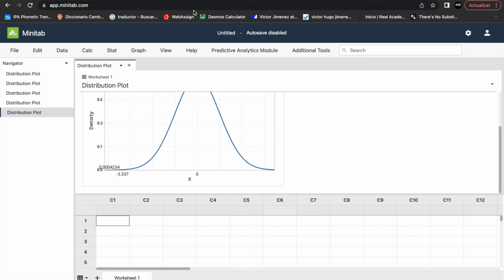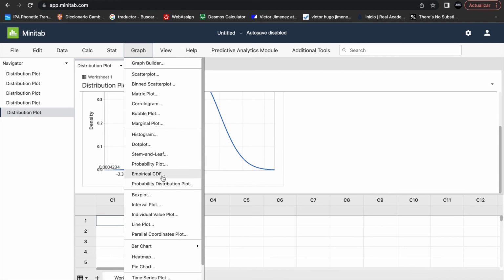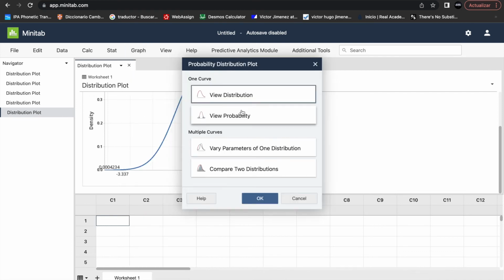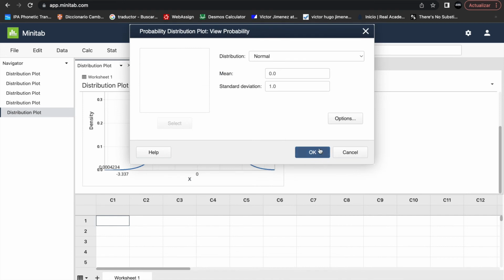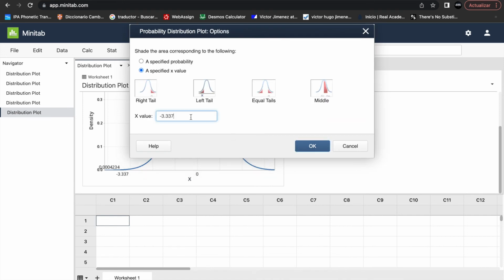So again, go to graph, probability distribution plot, view probability, okay, options, negative 1.30.